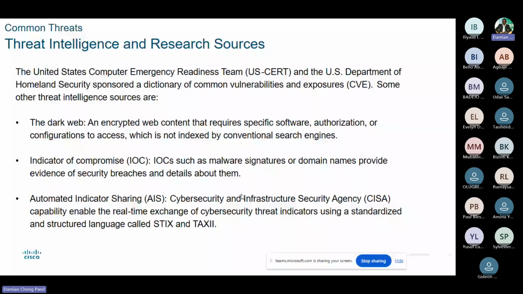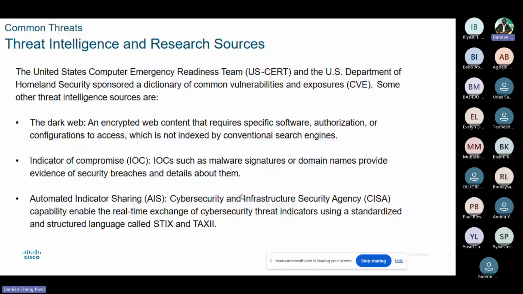When we say indexed, every website is indexed by search engines. For instance, when you search for Cisco, you have options like cisco.com, or probably cisco.net somewhere. Search engines connect through this indexing of such sites.